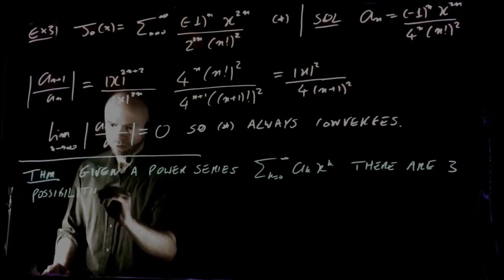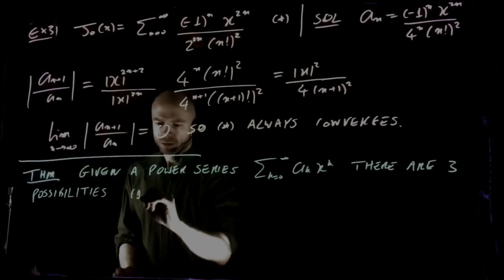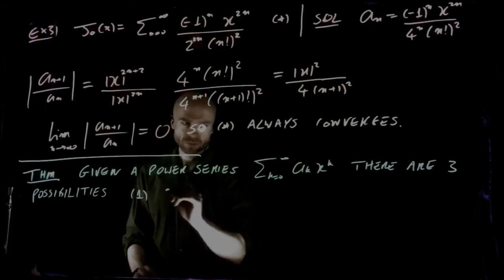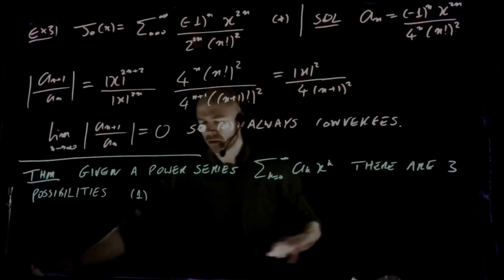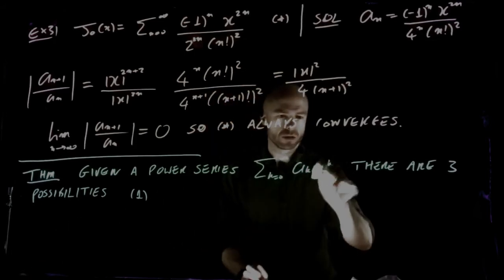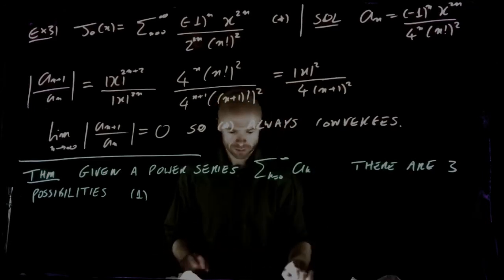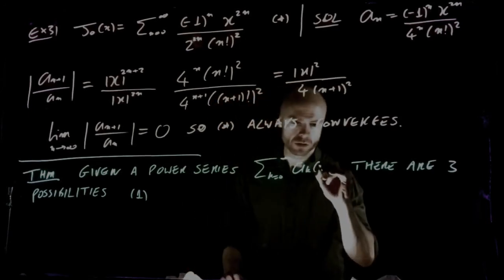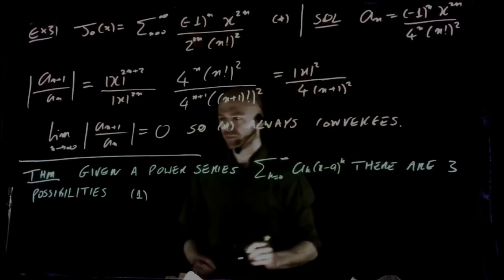Apologies for misspellings. Actually, this is not the series. I want to write the series in more general form: sum of c_k times (x minus a) to the k.